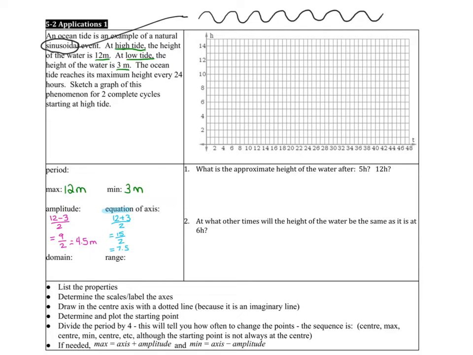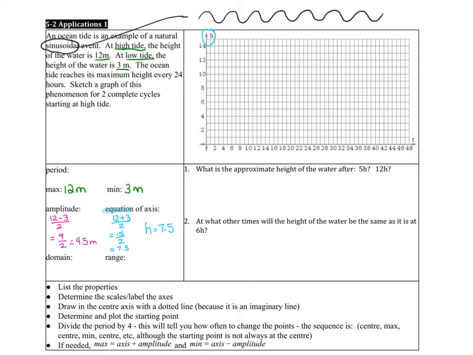So normally we would start with y equals, but in this application, instead of the y, it's actually h. So the equation then would be h equals 7.5, not y. It would be h.